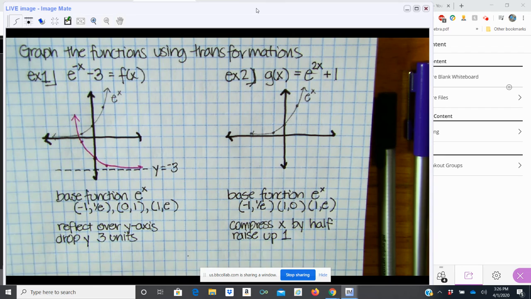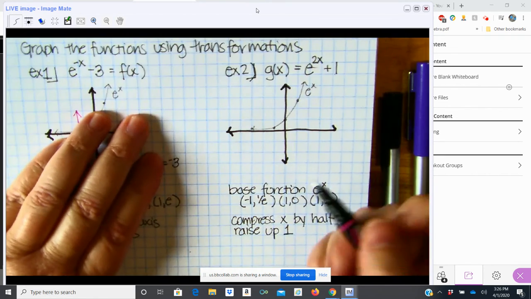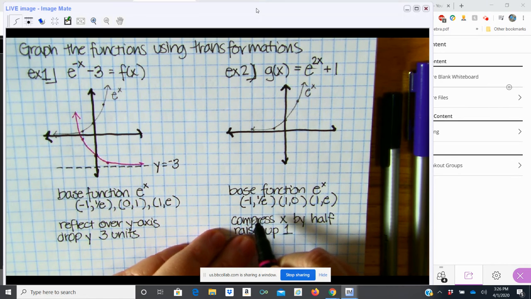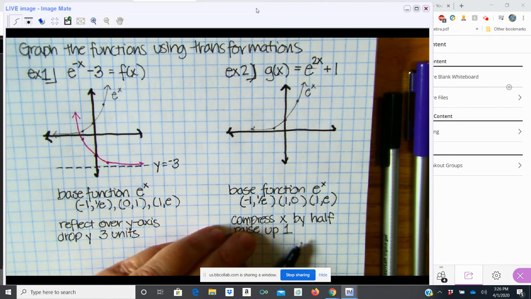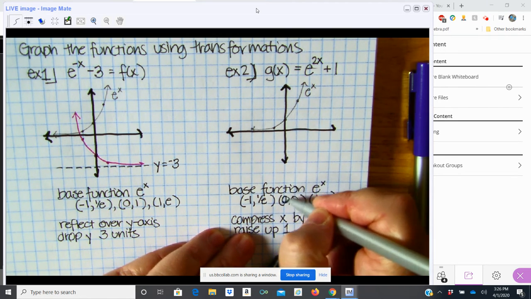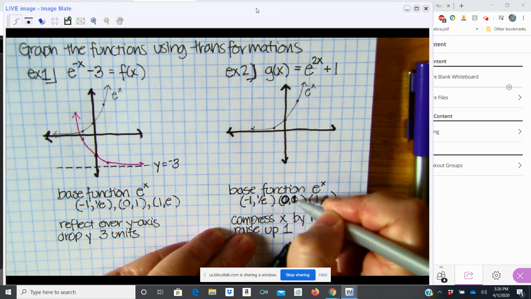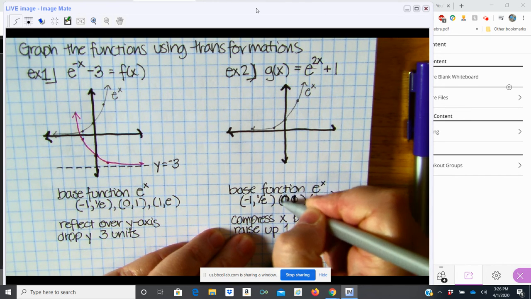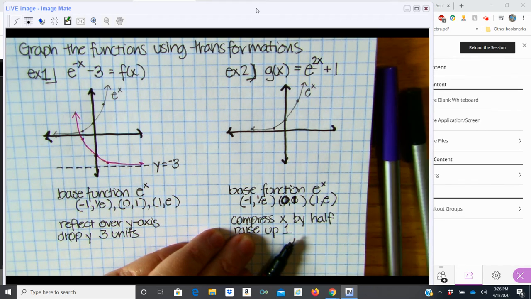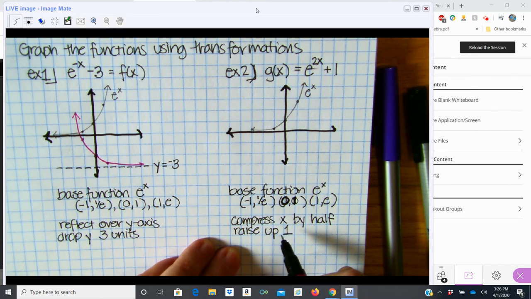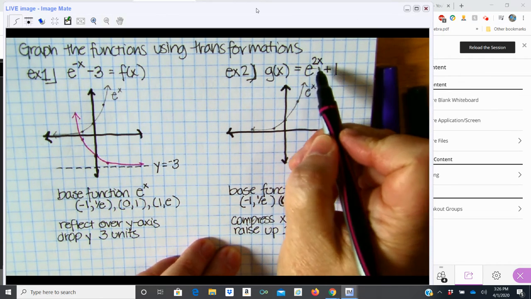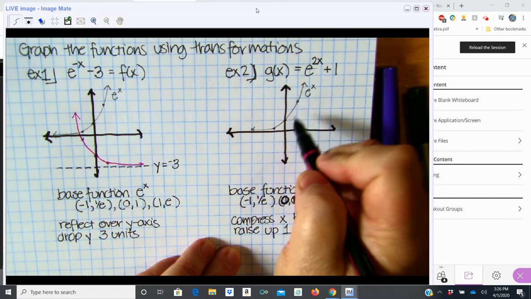So what does that mean for the points? That means all of my x values, oh, shoot. I've got this one written wrong. You guys need to call me out on that. Okay. It means all my x values are going to be cut in half. Looks like they're going to be doubled, but they're actually going to be cut in half.